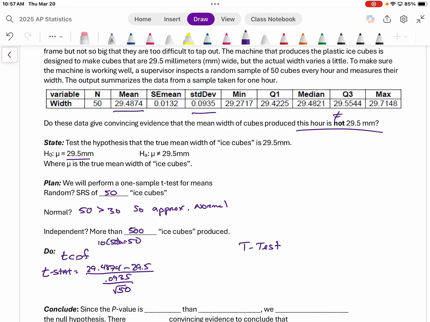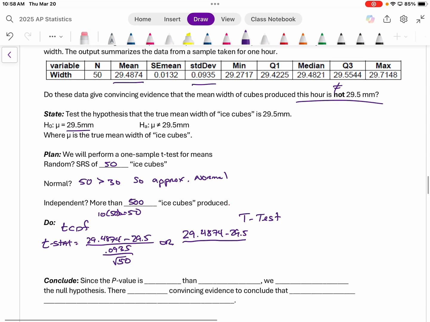That's one way you can find the t-stat. The other way, we start the same way at the top. The SE mean is technically the standard error. That's the fraction part on the bottom. So we can just divide by 0.0132.